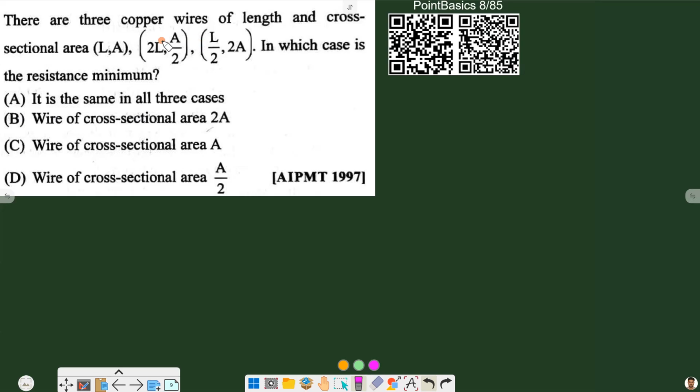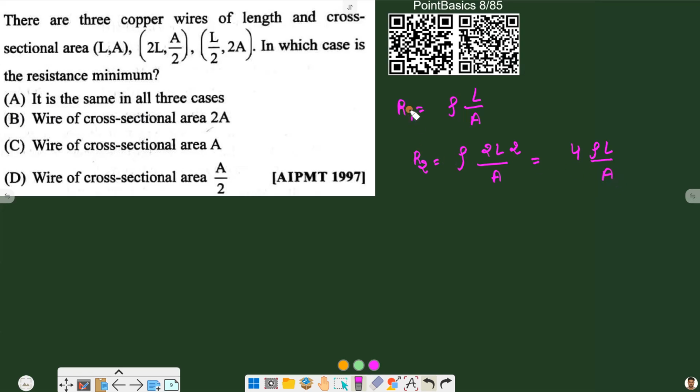And as they are made of copper, so their resistivity will be same. So R1 will be rho times L by A. R2 will be rho times 2L by A by 2. So it will be 4 rho L by A.